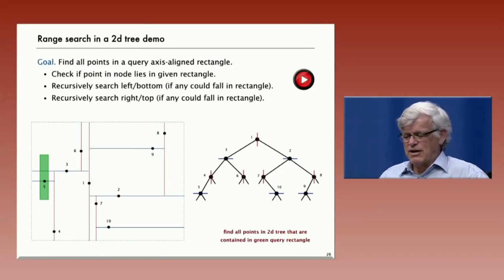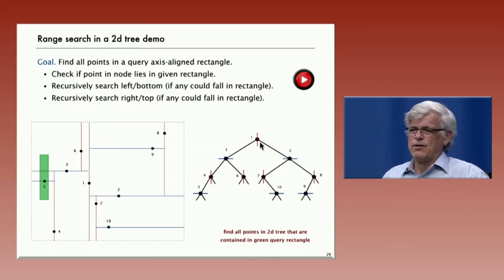So now what about solving a problem like this range search problem for a 2D tree? We have a query like this green rectangle, and what we want to find is all the points in the data structure that fall within that rectangle. Well, the 2D tree represents our points, and we're going to use the structure and definition of that tree to help us find the points that are in the rectangle.